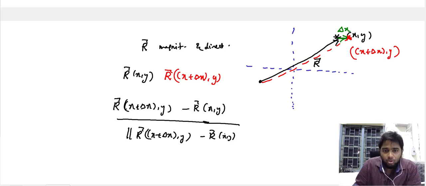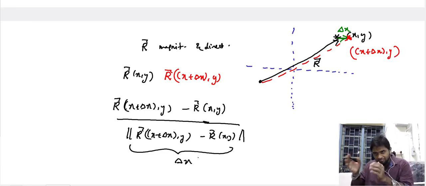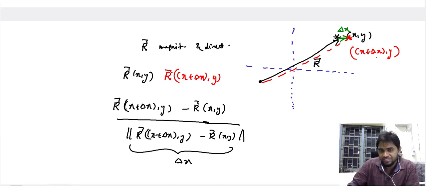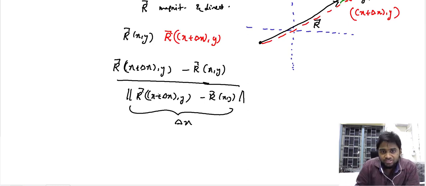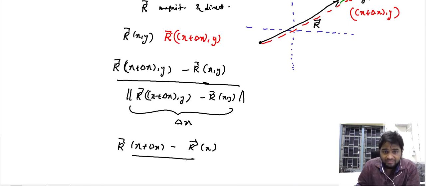So then what this would be is nothing but the delta x, because we are just changing along the x-axis, not the y-axis, and the red point is designated as x plus delta x. Now what does this expression here mean, in which only the x is changing and the y remains the same, so I have written it just in terms of x?